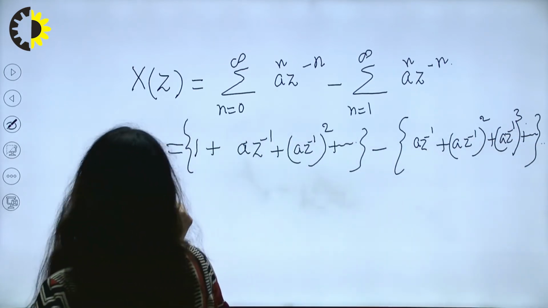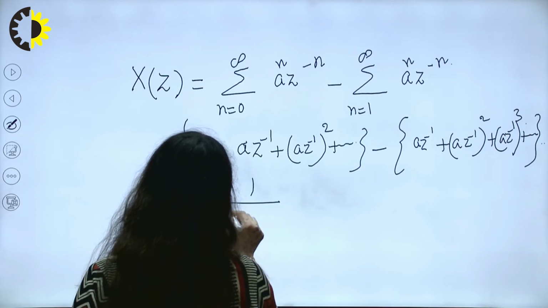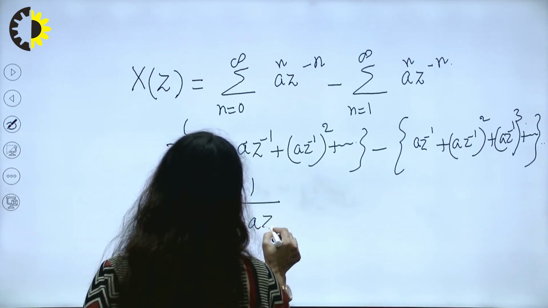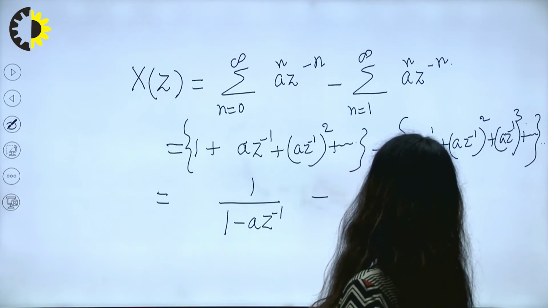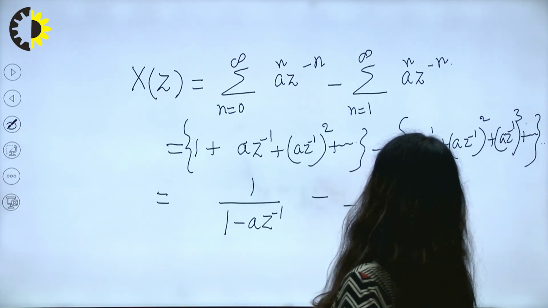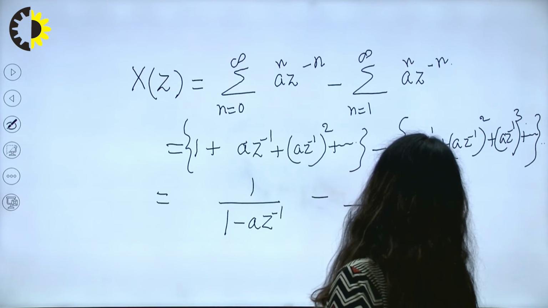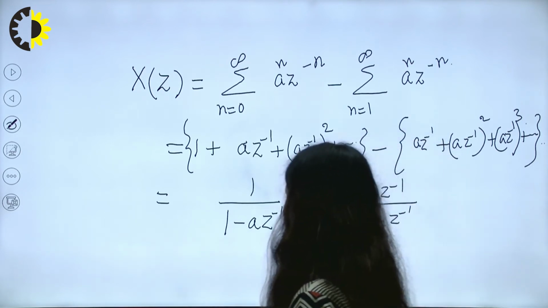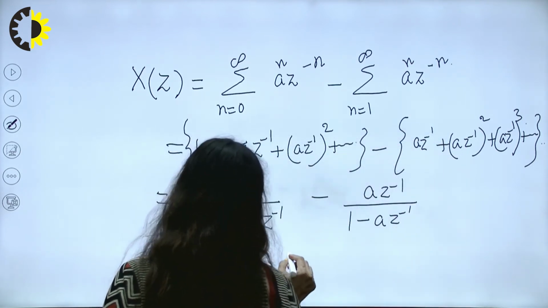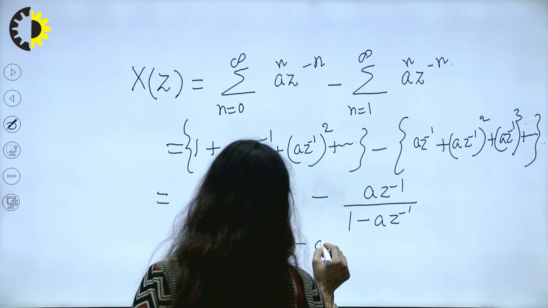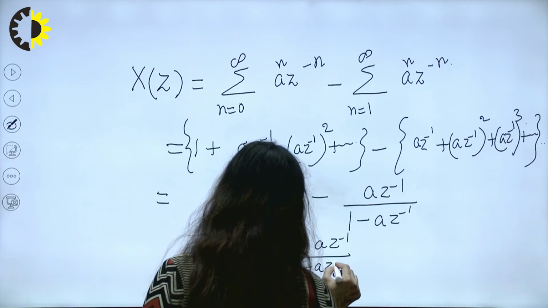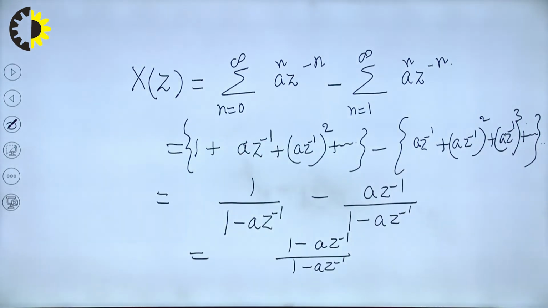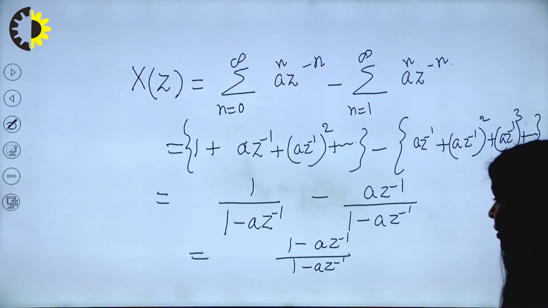I can write it as 1 upon 1 minus a z inverse, minus a z inverse common, 1 minus a z inverse. So 1 minus a z inverse upon 1 minus a z inverse is coming out to be 1.